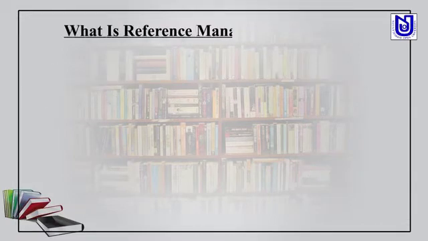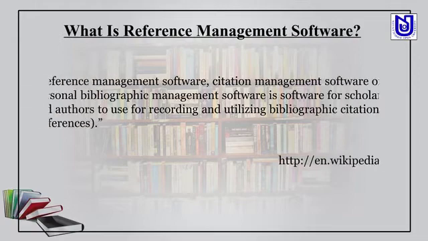Now, start with the definition of reference management software. This definition is available in Wikipedia also. Now, I am just stating it here to simplify the matter of reference management. So, reference management is a system as well as a software.